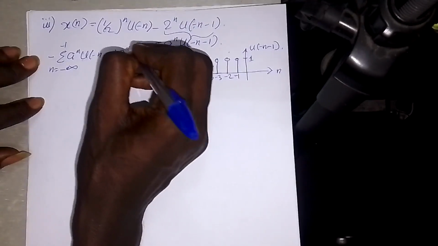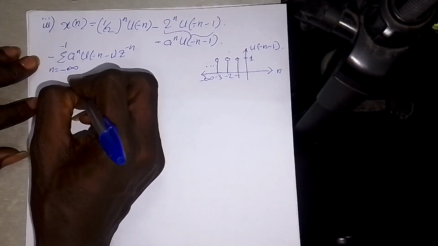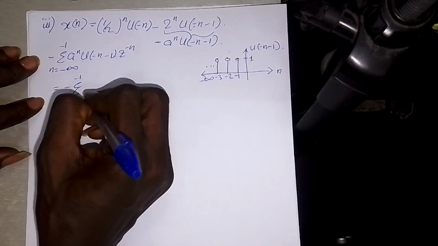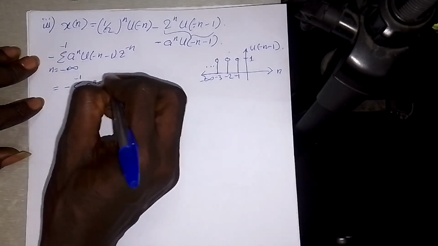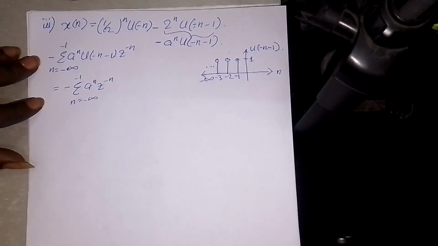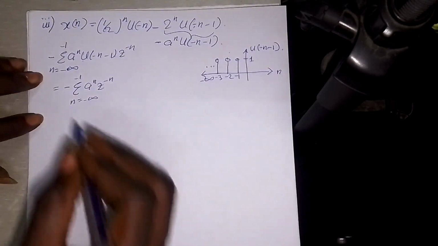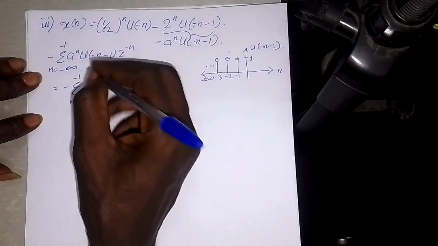Here is z minus n. Therefore, I will have minus the sum from n equals minus infinity to minus 1 of a exponent n and z exponent minus n. This is what I have. Now, I have to change my limits because it's difficult to deal with this one.